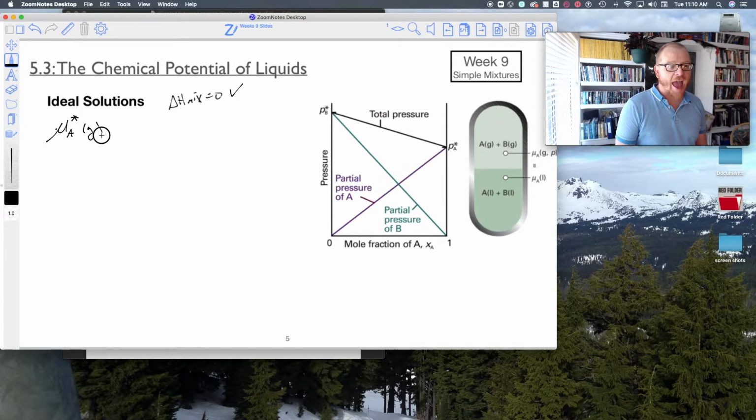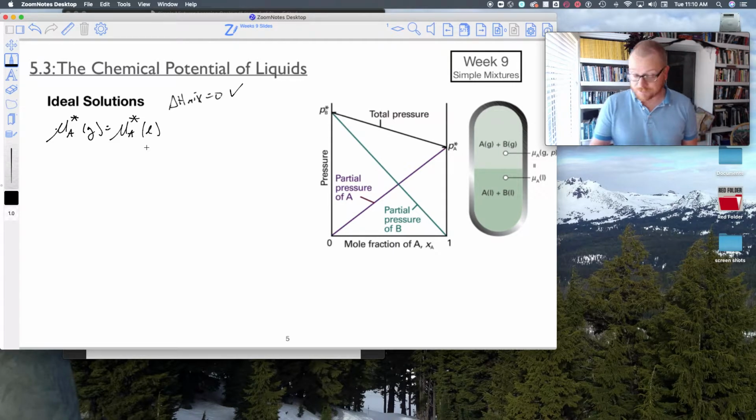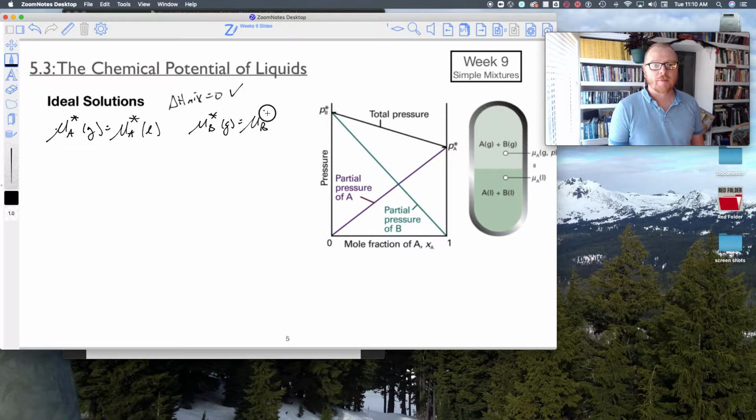And for the gas, that's going to equal the chemical potential of the pure liquid. So these two phases are in equilibrium with each other. Similarly, we can say that about B as well. B gas is in equilibrium with its liquid as well.